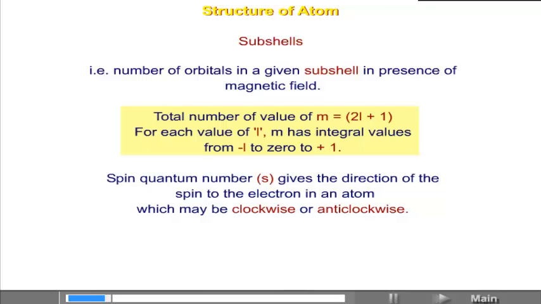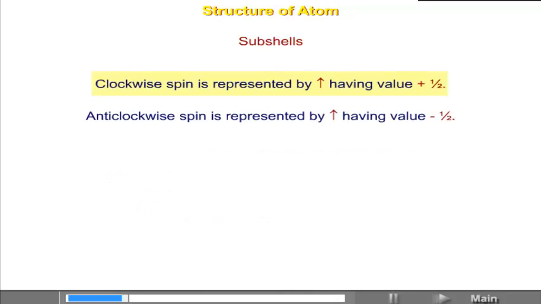For each value of l, m has integral values from minus l to 0 to plus l. Spin quantum number s gives the direction of the spin of the electron in an atom, which may be clockwise or anticlockwise. Clockwise spin is represented by an upward arrow having value plus half.